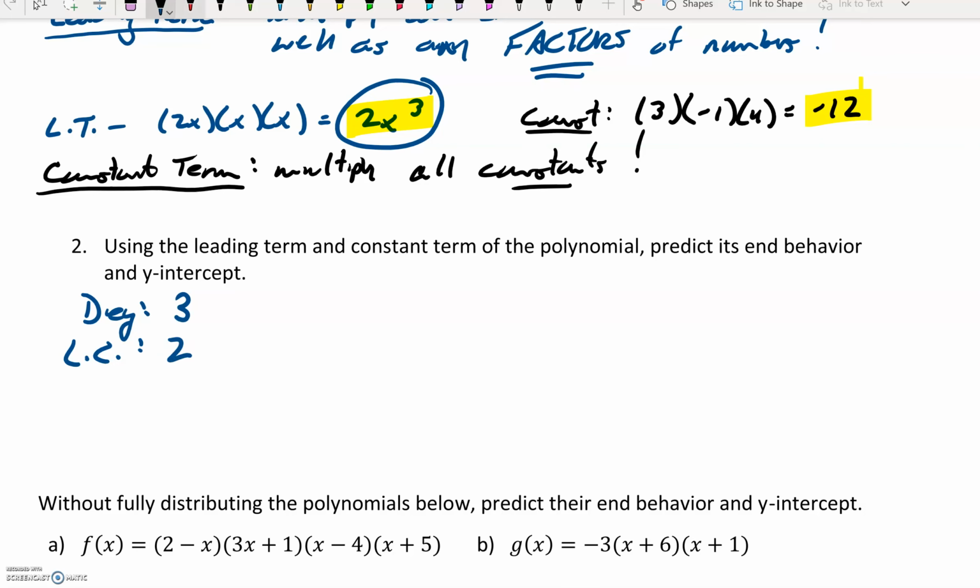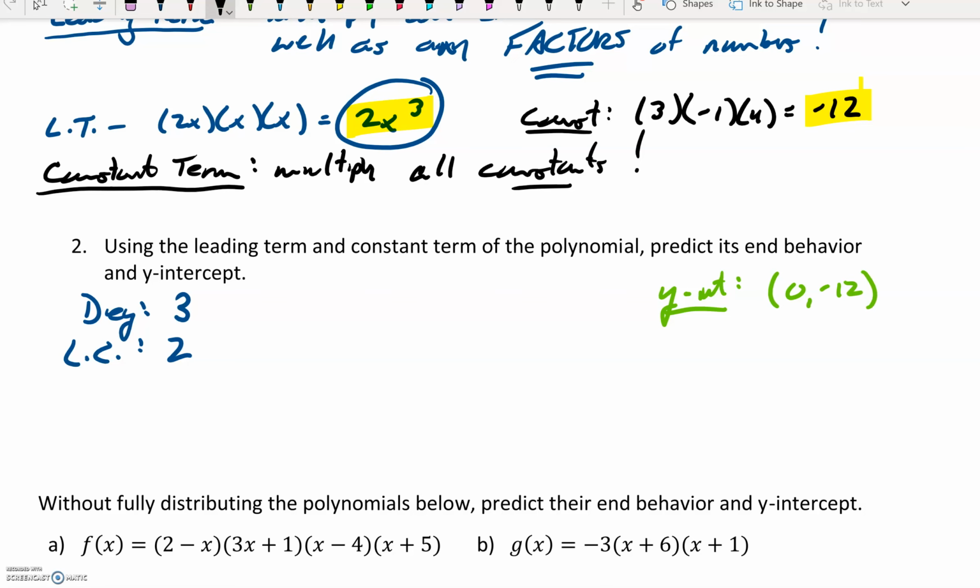Okay, now if we want to find the y-intercept, the y-intercept happens whenever the x's are zeros, but we also know that the y-intercept is the constant at the end of our function. So my y-intercept here is going to be the point 0, -12.